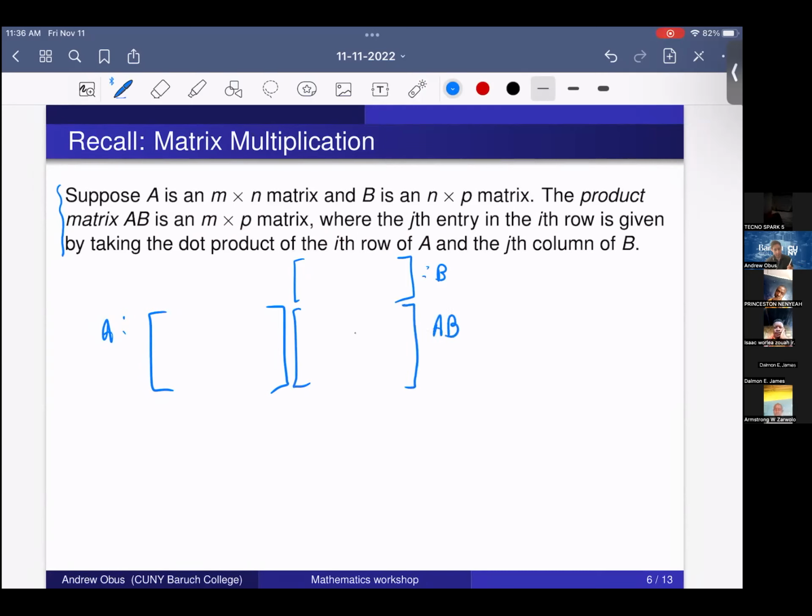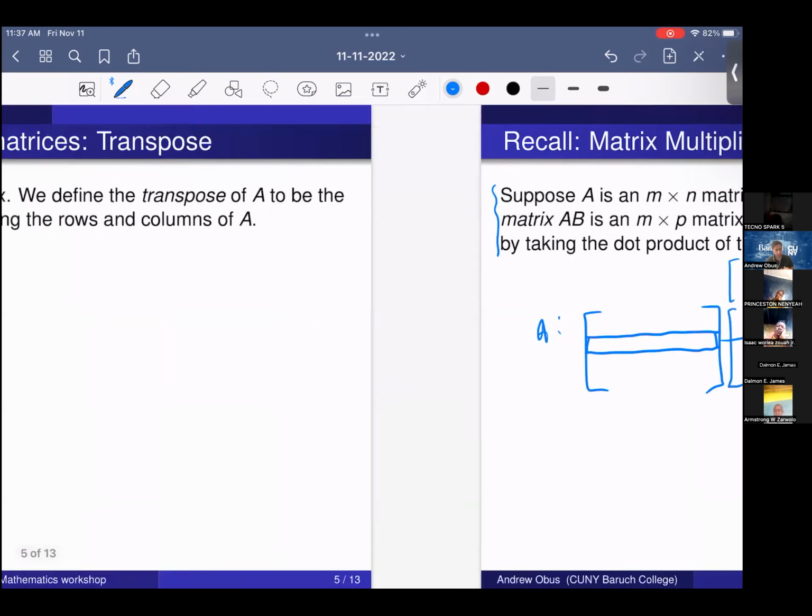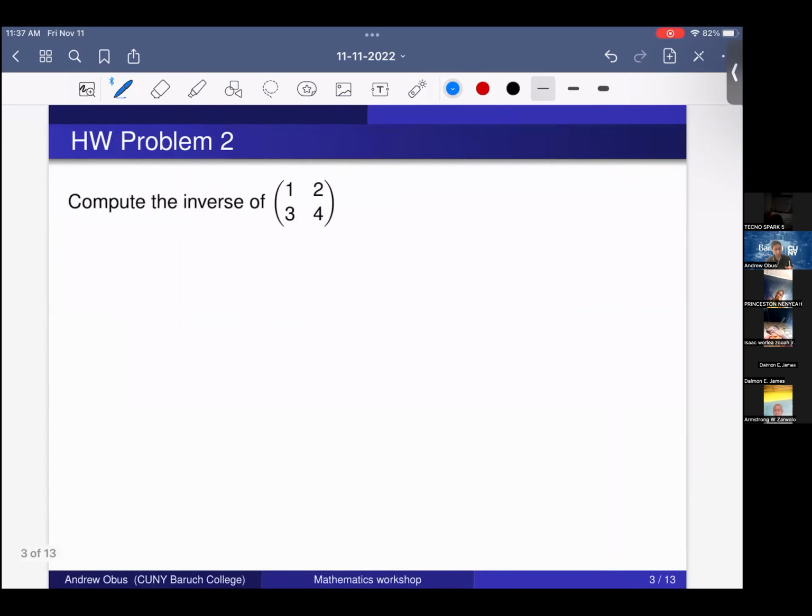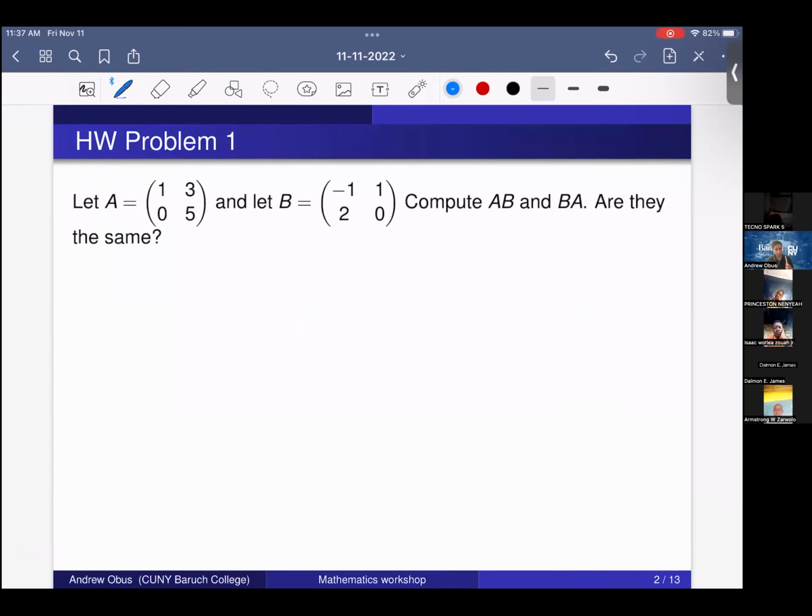The way that you get some element in AB is that it corresponds to a column of B and a row of A, and you take the dot product in order to get the actual entry. Since we have practice on the homework, let's just go do the homework so we can get into the topic from today.